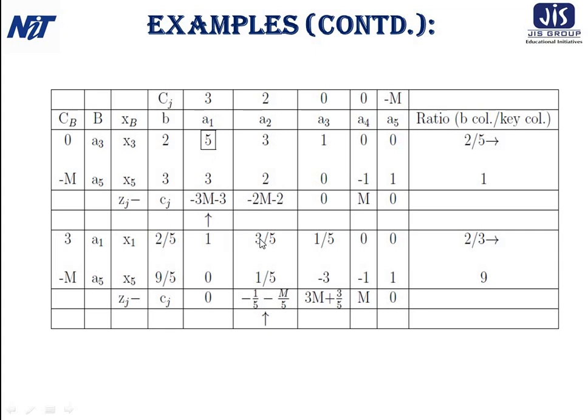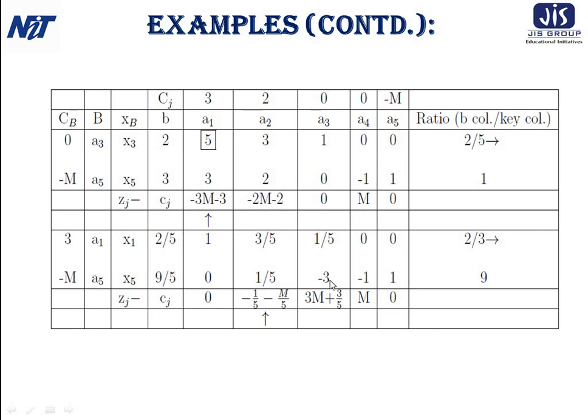Now 3 into 3 by 5, that is 9 by 5, minus m into 1 by 5, so minus m by 5. And this is 9 by 5 minus m by 5 minus 2. 9 by 5 minus 2, that means 9 minus 10 by 5, that is minus 1 by 5. Minus 1 by 5 minus m by 5.